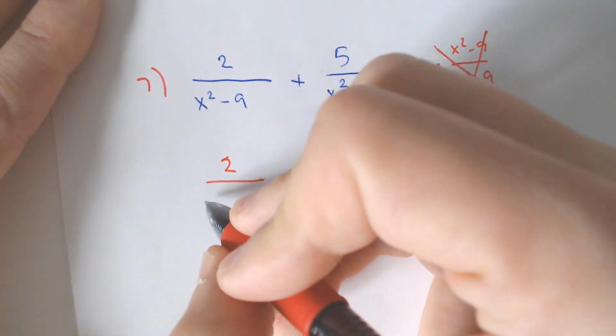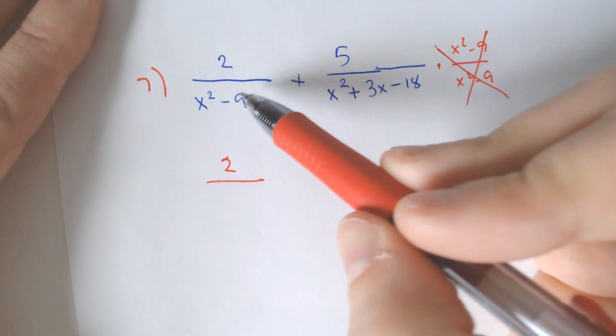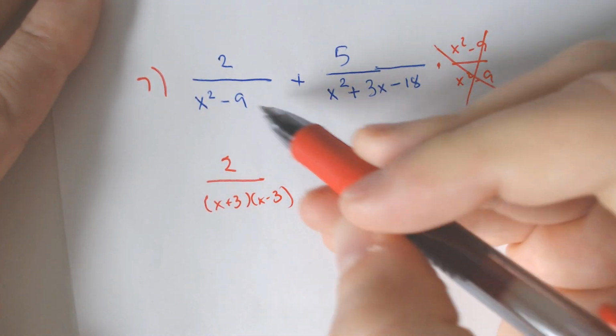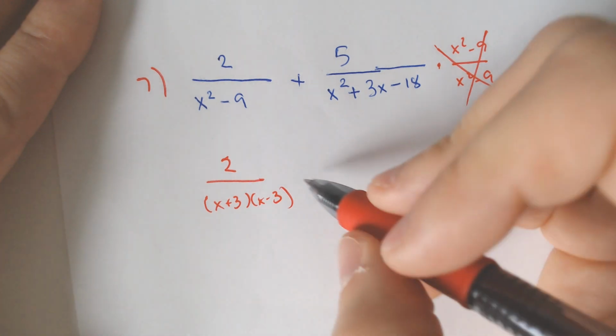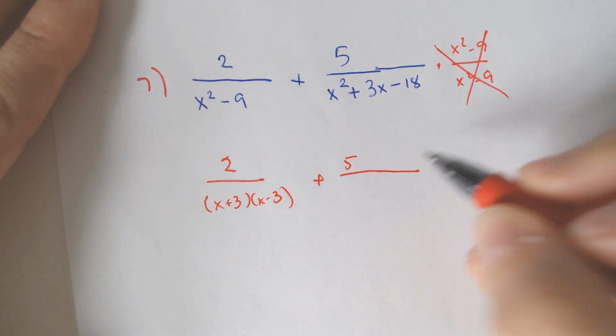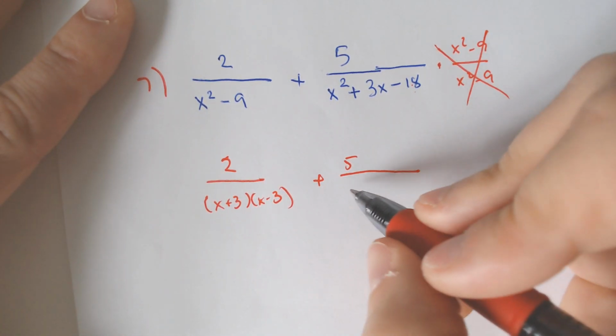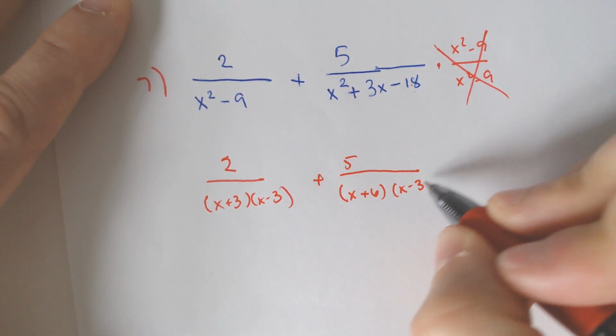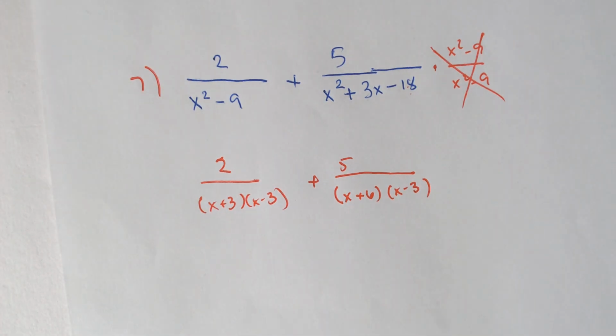If we factor first, the x squared minus 9 would be x plus 3 and x minus 3. It multiplies to negative 9 and adds to 0. Plus 5 over what multiplies to negative 18 but adds to 3. That would be positive 6 and negative 3. Here's the huge thing.